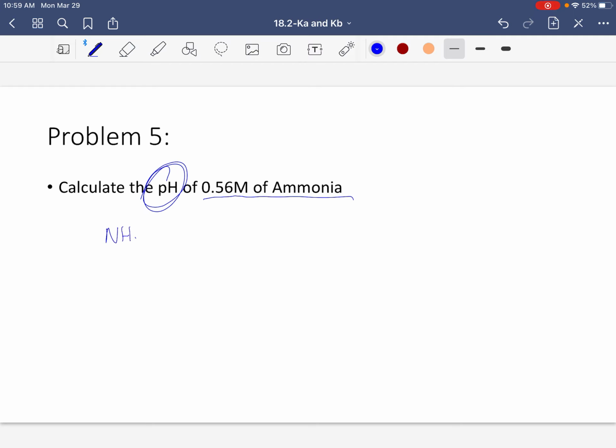There's my ammonia. If I react this with water, I will get ammonium plus OH. It's a base. So there's my ICE table. This is a base one.